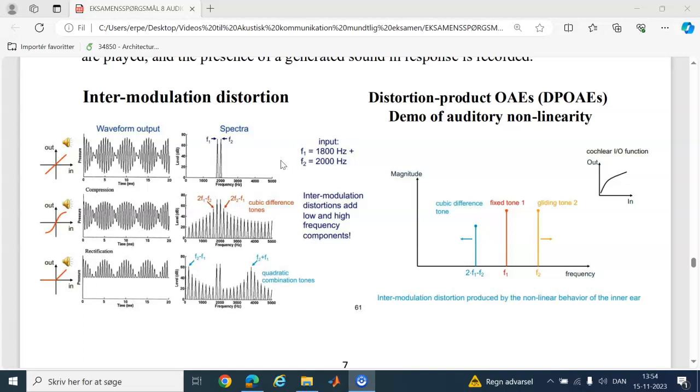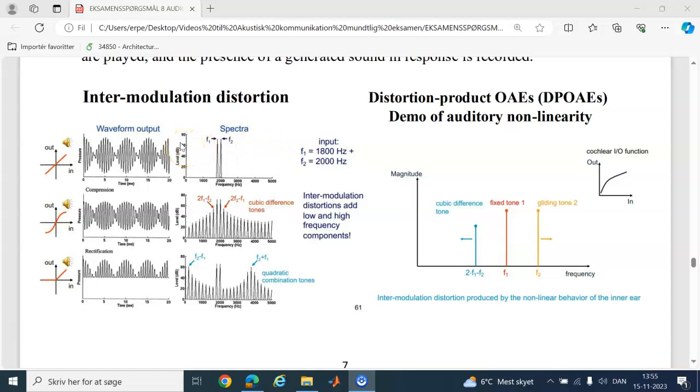Then we can have 2F1 minus F2, that is 1600 Hz. We can also have 2F2 minus F1, that is 2200 Hz. So 1600 and 2200 Hz are on either side of F1 equal to 1800 and F2 equal to 2000 Hz.